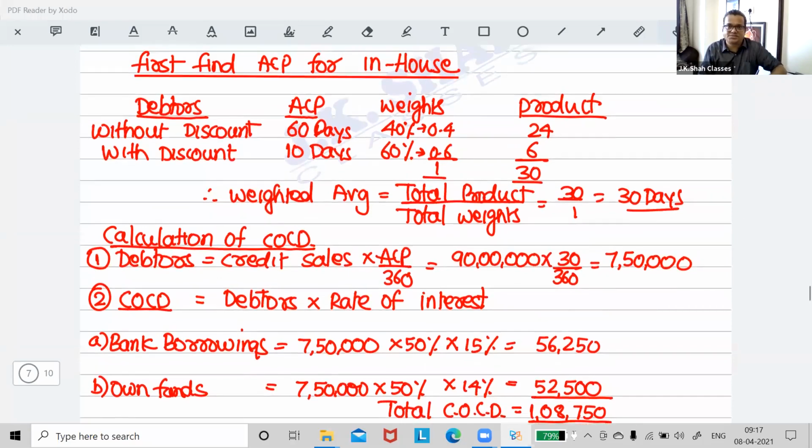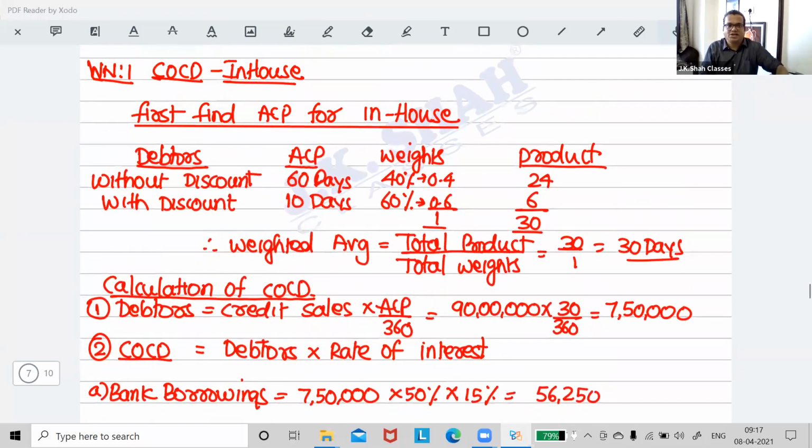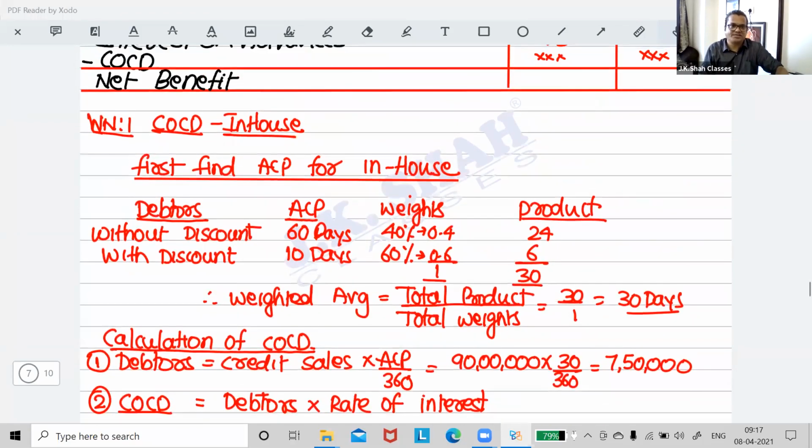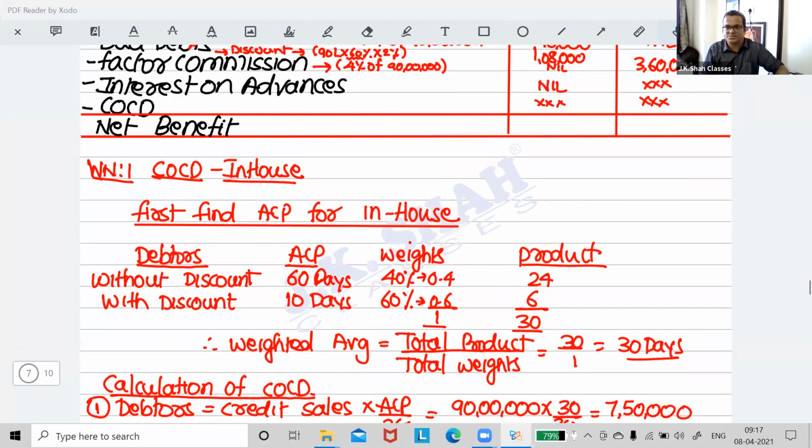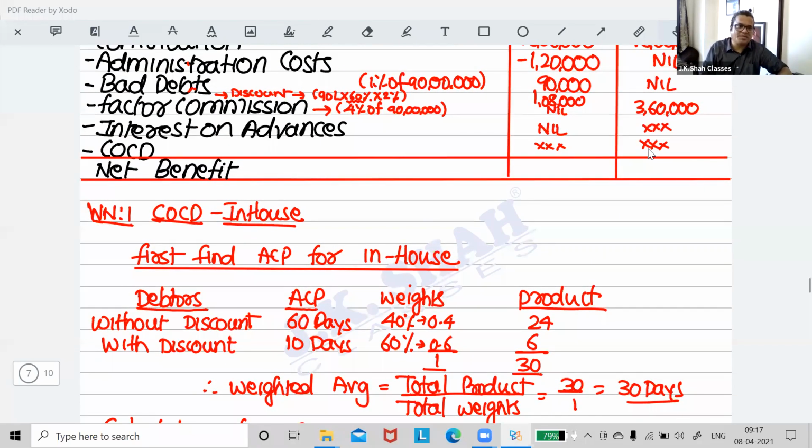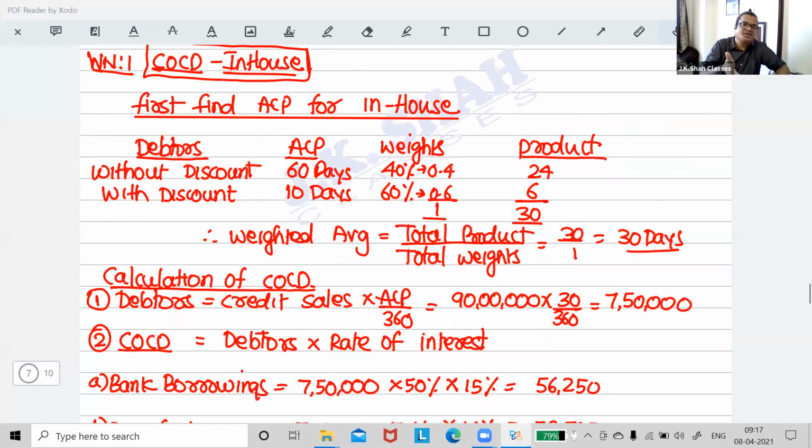Where we are in in-house calculation, right? In in-house calculation, how am I financing? So there is no question of having factor reserve or interest on advances when I collect on my own.